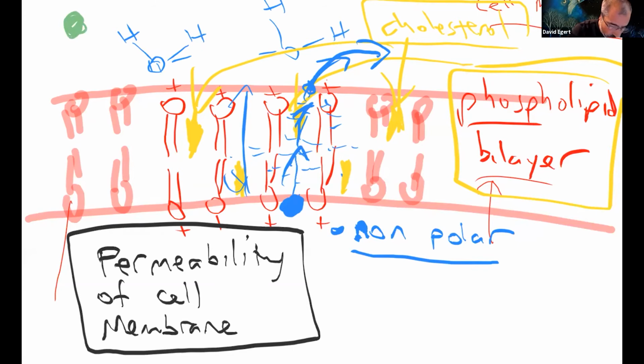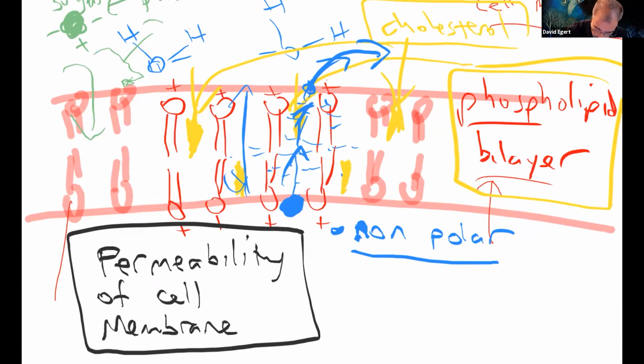Right, so if I'm a polar molecule, let's say this is sugar or glucose or whatever, with my pluses and minuses, this is some polar molecule. As soon as I get around here, I'm going to want to just stay attracted to all of the other polar molecules. There's no reason that I'm going to go into this non-polar nether zone of no charge.